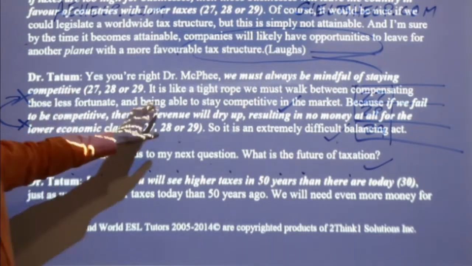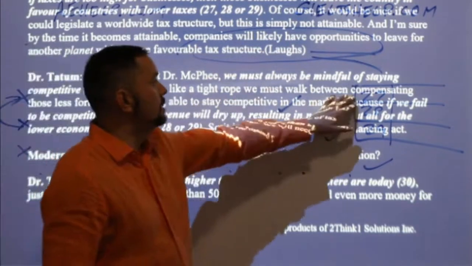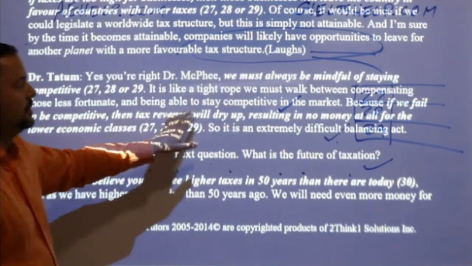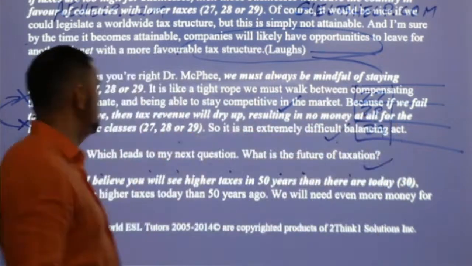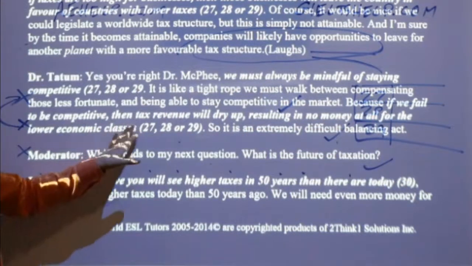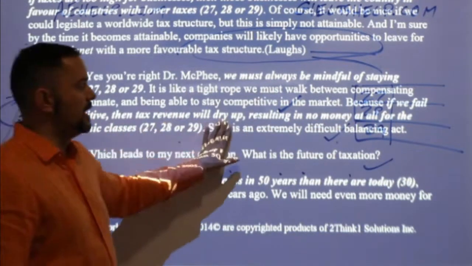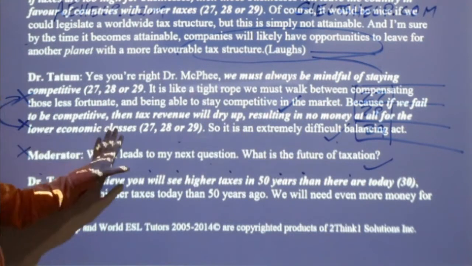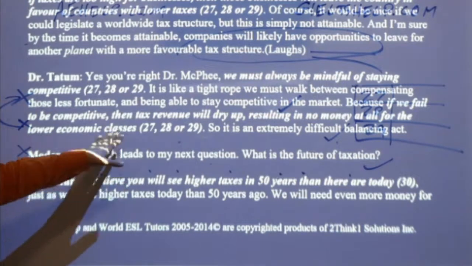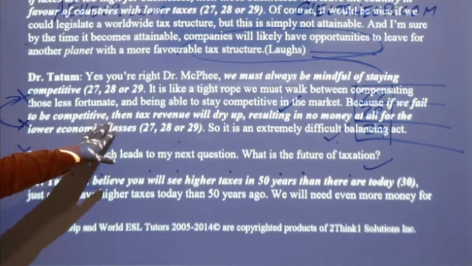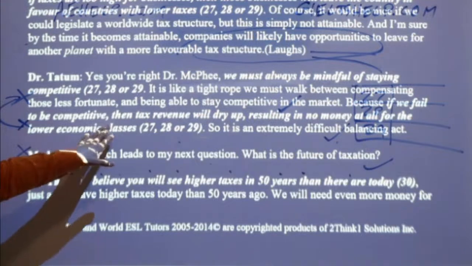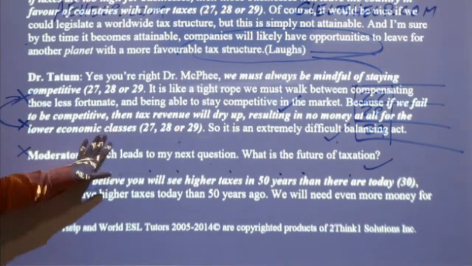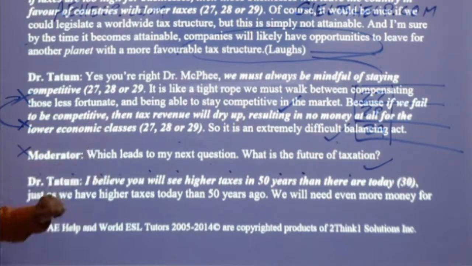Okay. It is like a tightrope we must walk between compensating those less fortunate and being able to stay competitive in the market. Because if we fail to be competitive, then tax revenue will dry up, resulting in no money at all for lower economic classes. So this is the inverse that explains that people of all economic situations benefit from lower taxes because there's business.